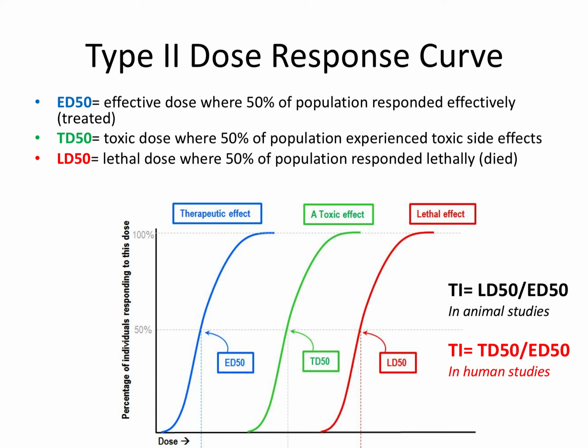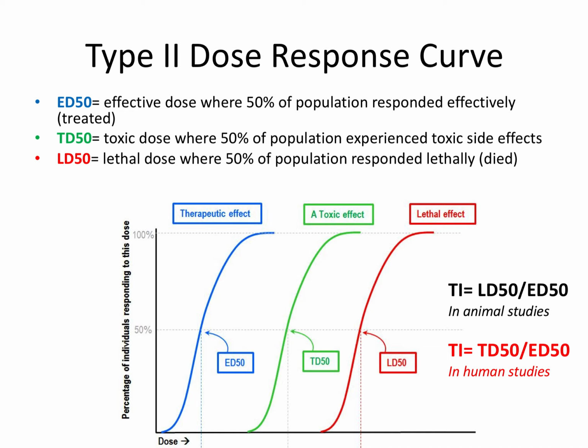So the larger the therapeutic index is, the safer the drug, because that means the dose at which 50% of the population experiences toxic side effects is a big number, because that's in the numerator, and far away from the dose at which 50% of the population is responding effectively to a certain dose, which is a much smaller number in the denominator.